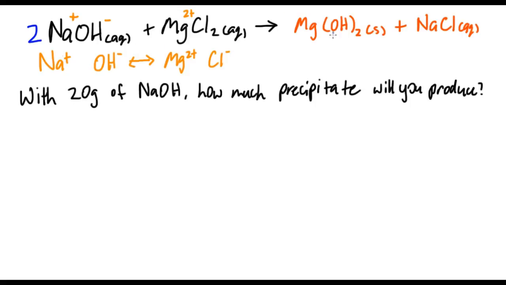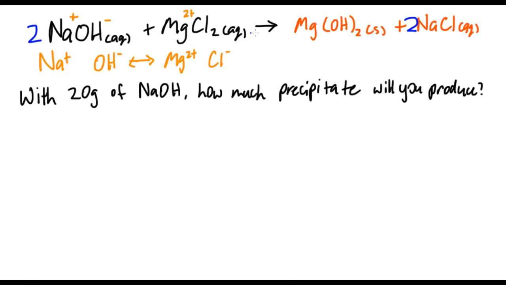We have 2 hydroxides on the left hand side, 2 hydroxides on the right hand side. However, on the left hand side we have 2 sodiums, and on the right hand side we only have 1, so we need to double that. That becomes 2, and now it's balanced because we have 2 chlorines as a product, we have 2 chlorines as a reactant, and now that is balanced.